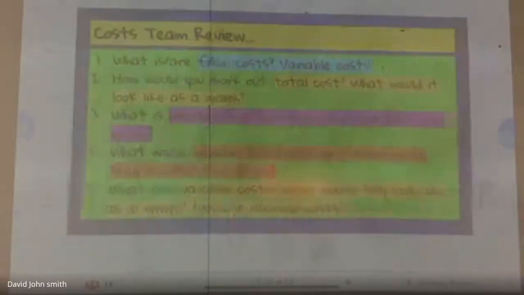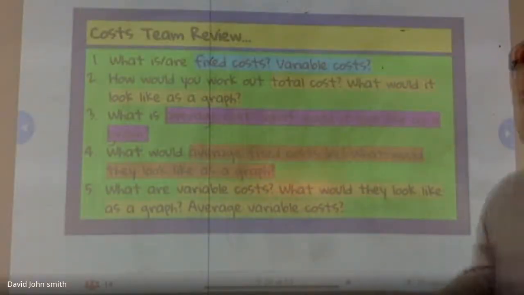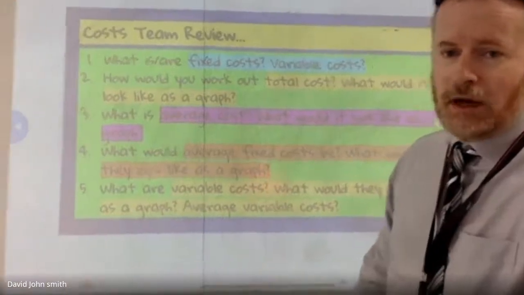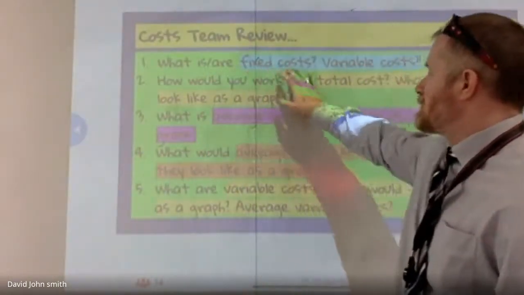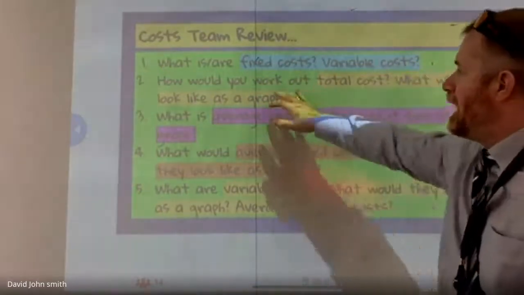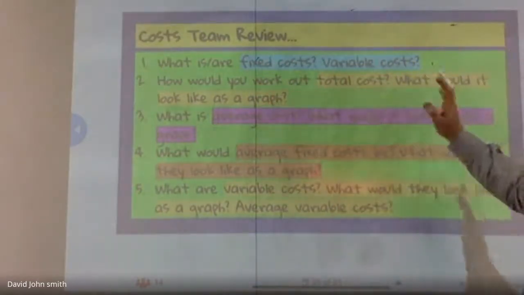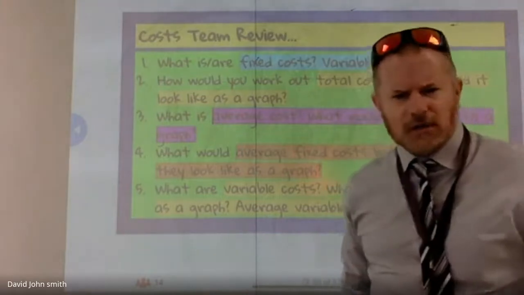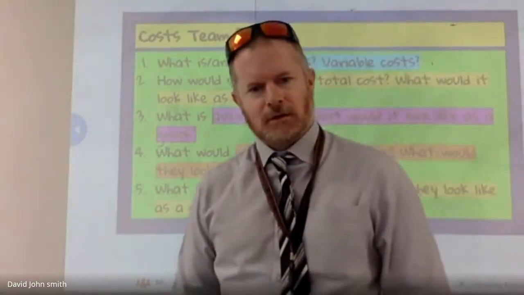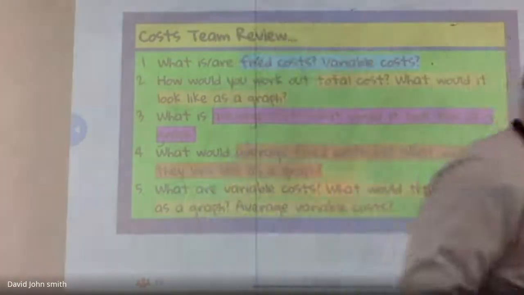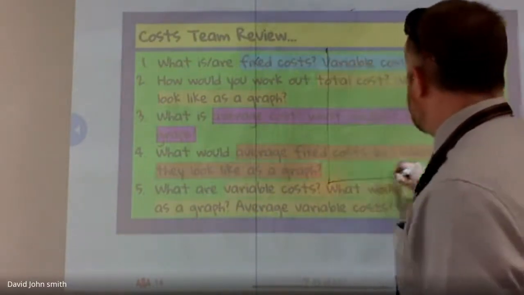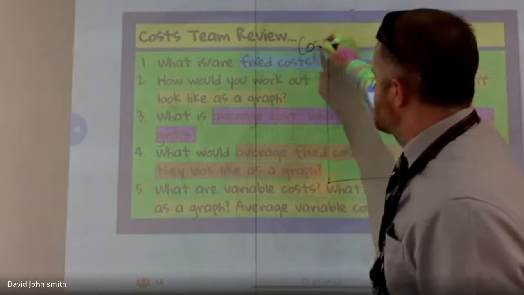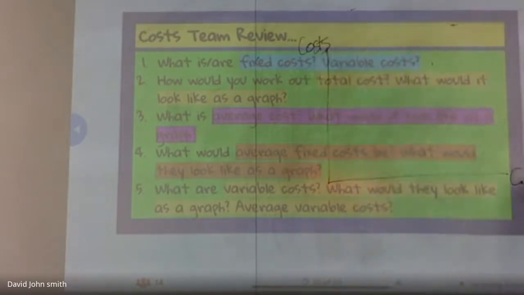All right. So, things we need to make absolutely certain that we know at this particular point. Firstly, what are fixed costs and variable costs? How do you work out total cost? And what would total cost look like on a graph? Let's have a think. So we've got costs here, there's output here.